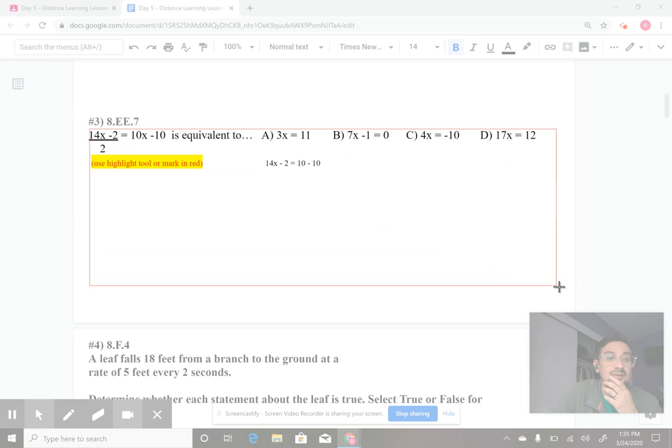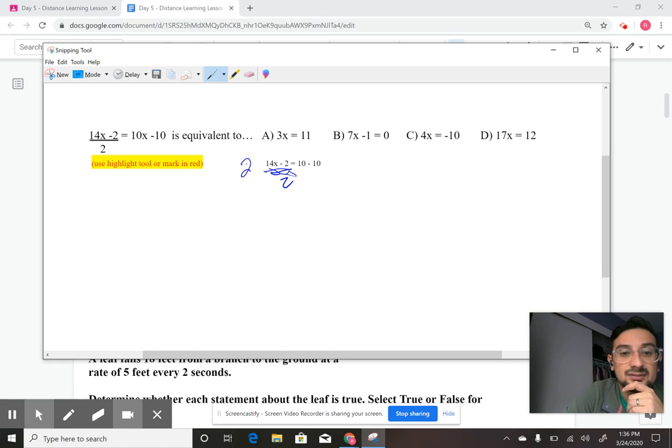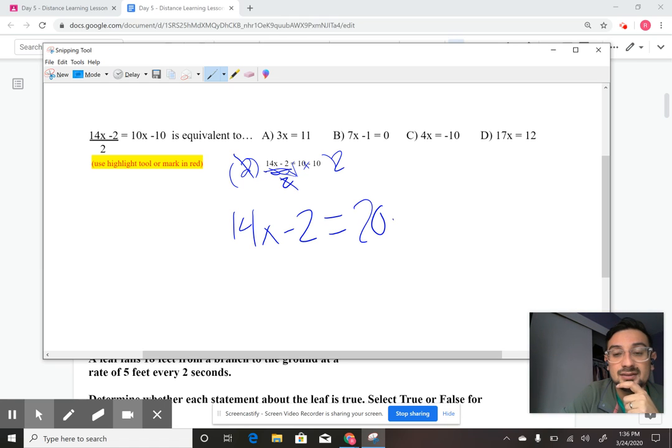So that's divided by 2, so we're going to multiply by 2 on both sides. That's going to cross out, so you're going to have 14x minus 2 is equal to 20x minus 20.